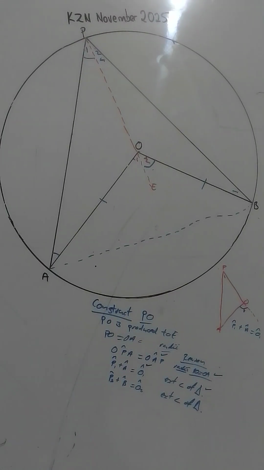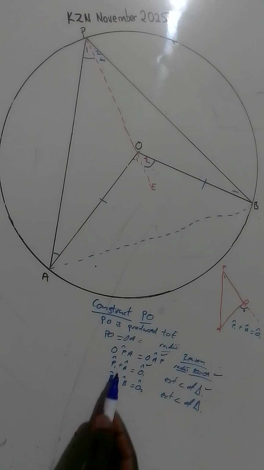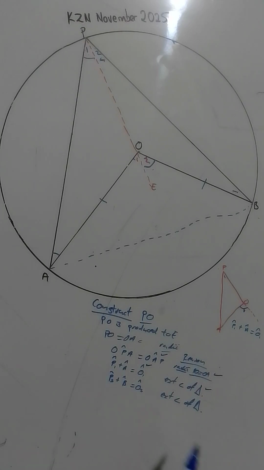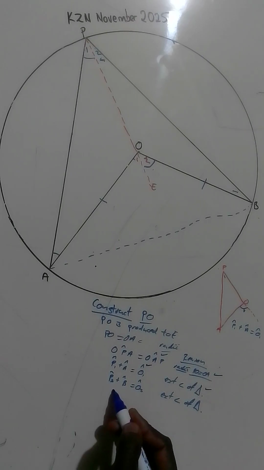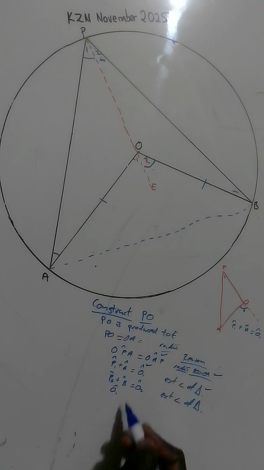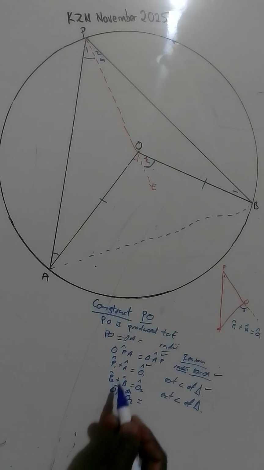Now, what do I do? Now I'm going to say that here I've got angle O1 plus angle O2. They are all equal to what?